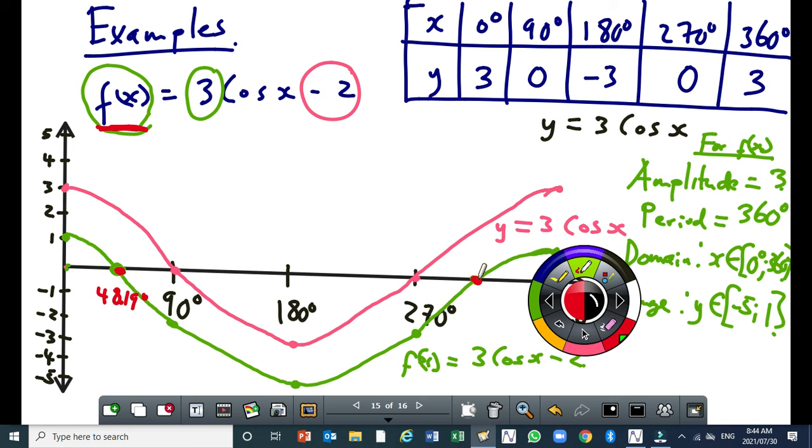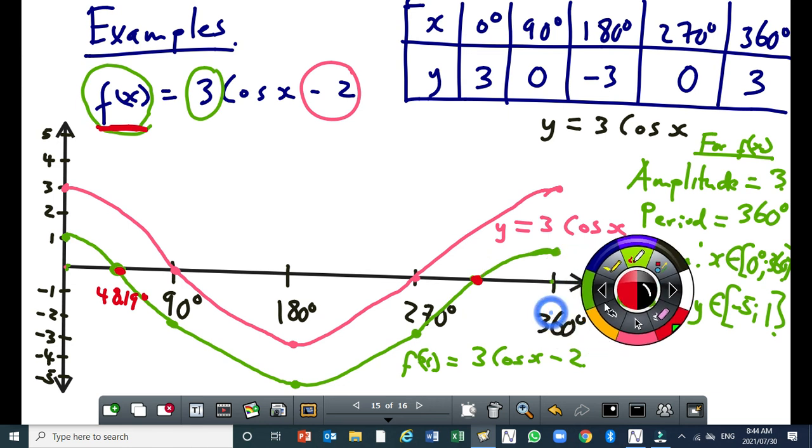I need an exact value for x. It will be 311,81 degrees. So all you have to do is subtract this acute angle from 360 degrees and you will get that value.